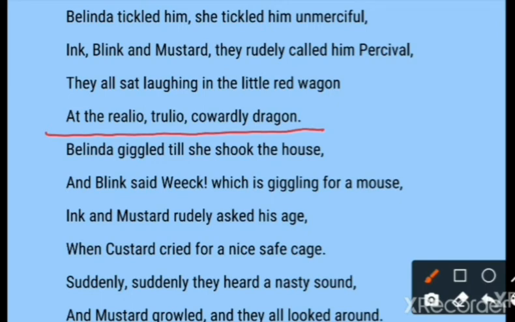Even though they are animals, mouse and cat and dog, they have human names. That is a kind of personification. They are acting as humans. They talk like humans. They behave like humans. For example, they rudely behave with the dragon.